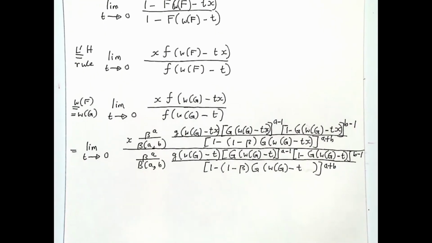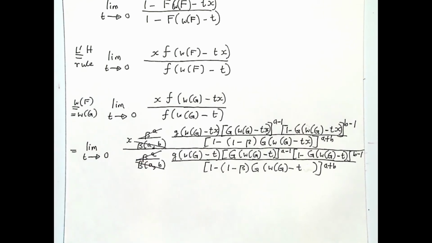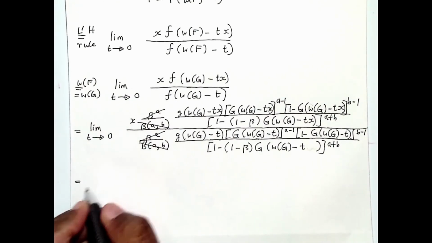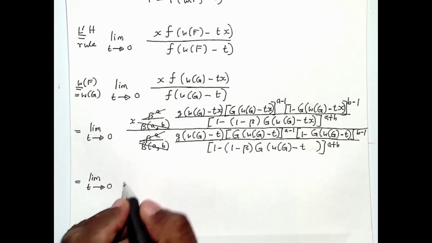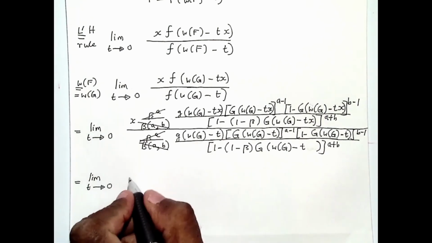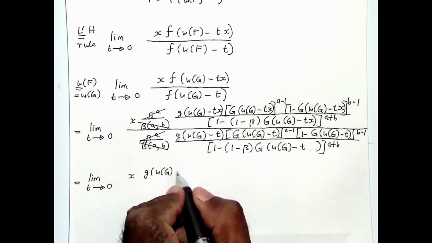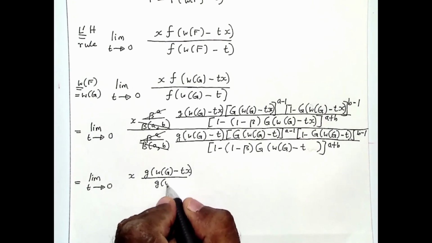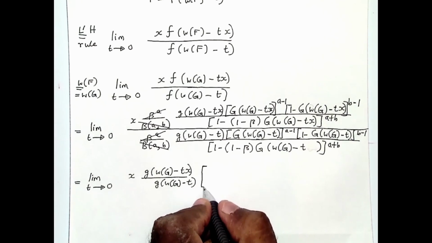All right, you see again that the beta a cancels with this one and the beta function cancels with this one. All right, in the next line I'm going to group the things together, so you'll get the following. So grouping these two, you get x, you get this, right? And grouping these two, you will get the following.